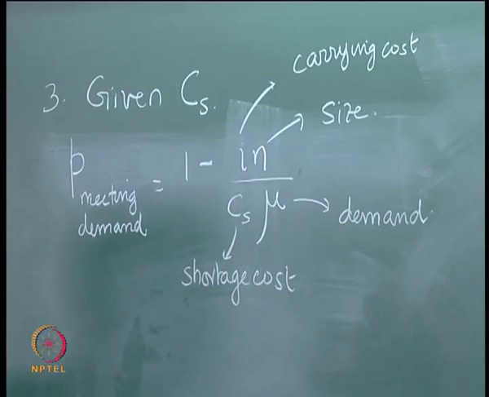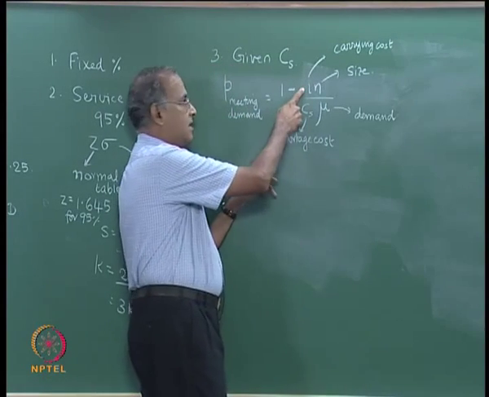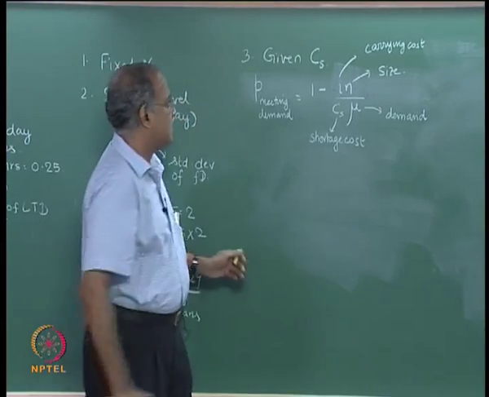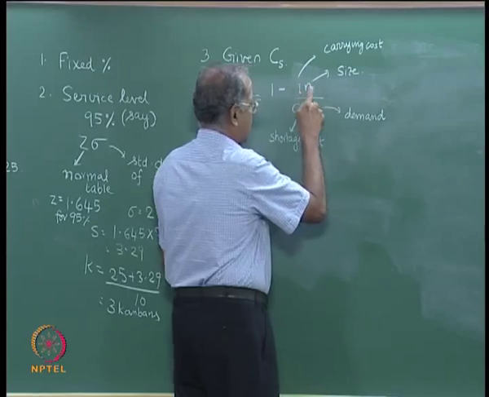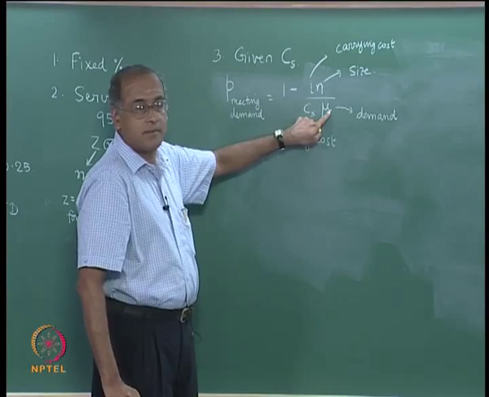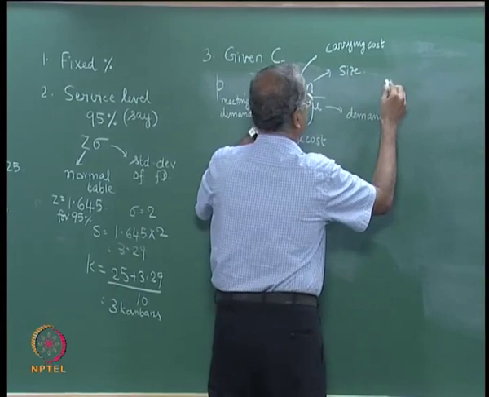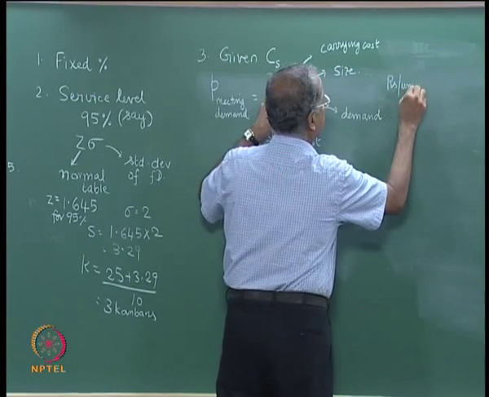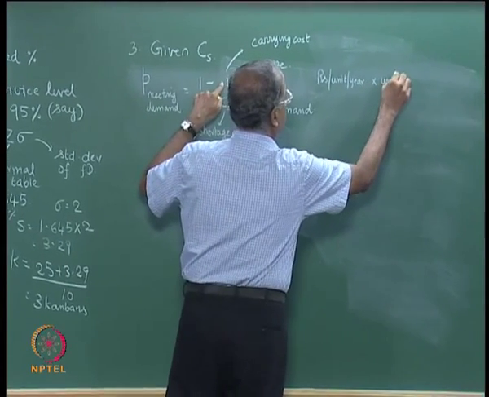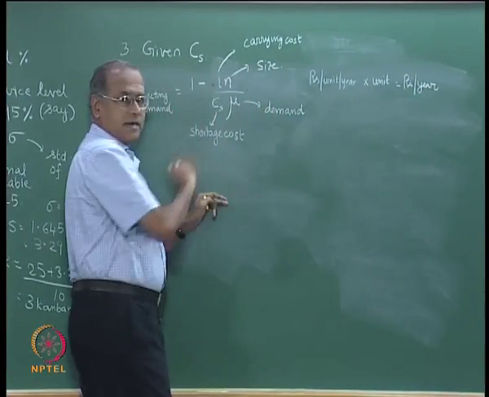Now in order to be consistent, n is in units, I is rupees per unit per year, or rupees per unit per hour, or rupees per unit per time period. So together this will be rupees per time period.